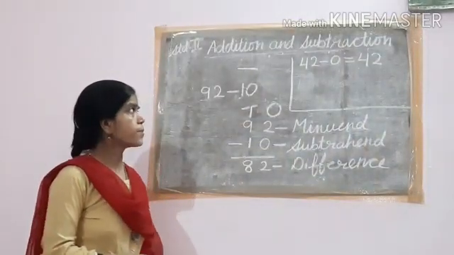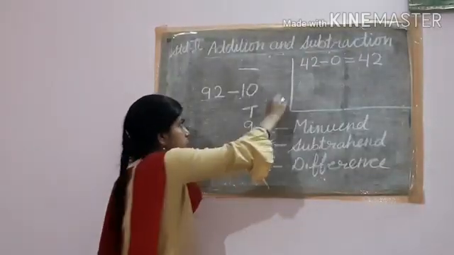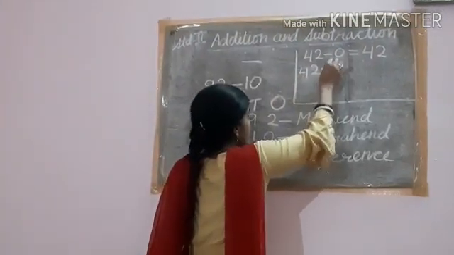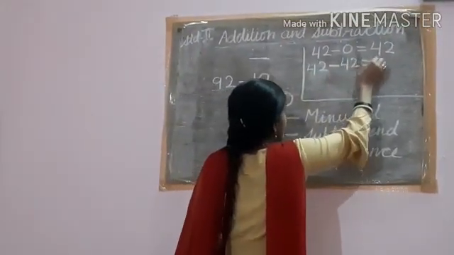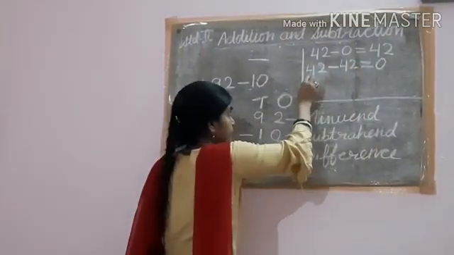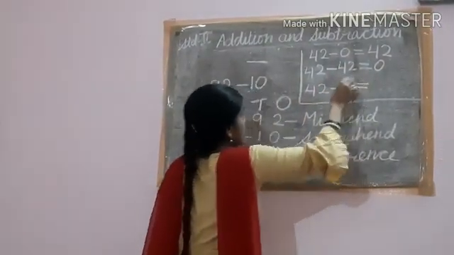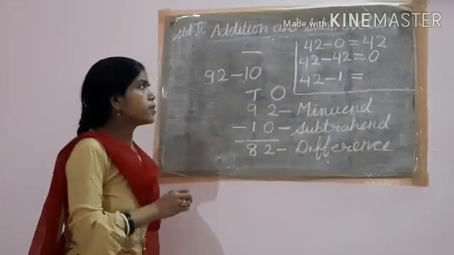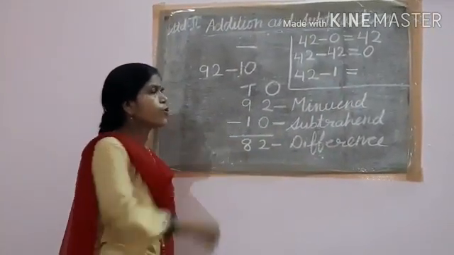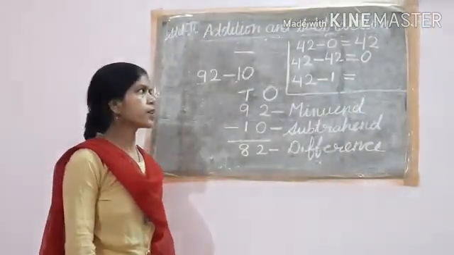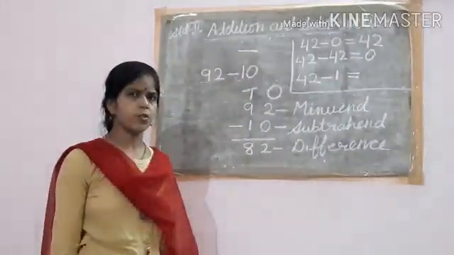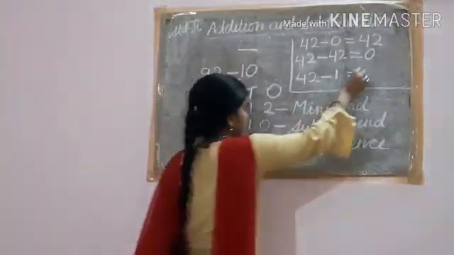And when you are subtracting the same number, 42 minus 42, then what will come? 0. And when you are subtracting 1 from any number, then the answer is the number that comes before that number. Like 42, what comes before 42? 41. So that is the answer.